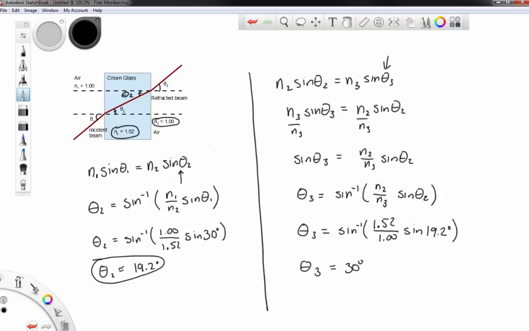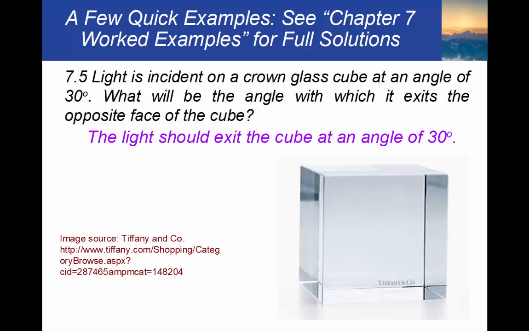And that means that for a cube, if you come at some angle of incidence on one face of the cube and you exit from the parallel face of the cube, then your initial incident angle should also equal your final exit angle. So that's kind of an interesting result.